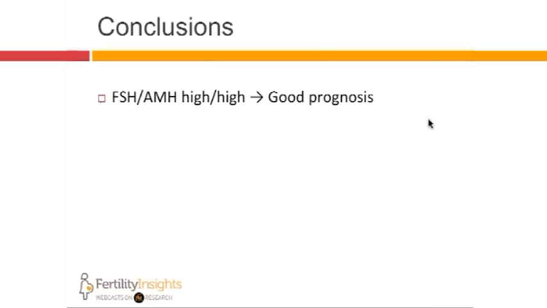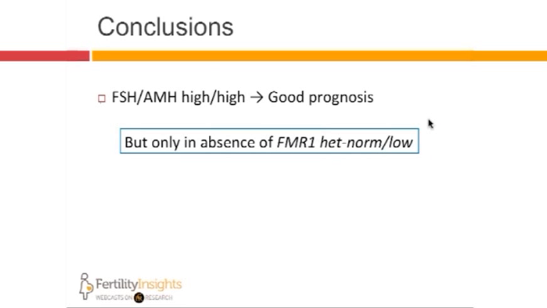So in conclusions, what we think our manuscript, our paper demonstrates is that we now understand what the high FSH AMH means. It means good prognosis, but only if that patient does not also carry the FMR1 heterozygous normal low subgenotype.